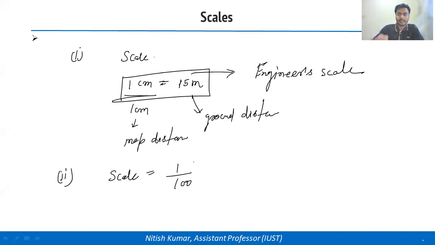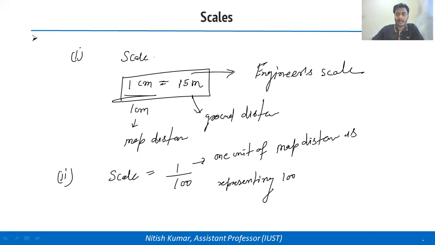It means that when you are taking the same unit, like centimeter, meter, whatever, one unit of map distance is representing 100 of the same unit of ground distance.